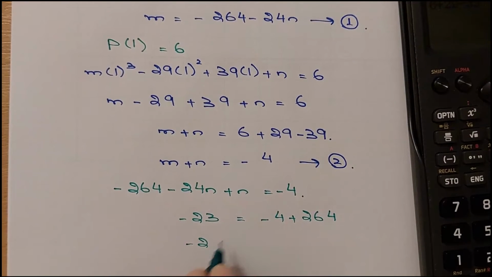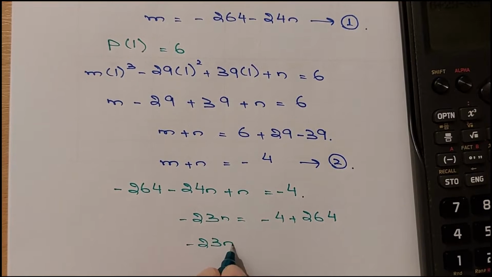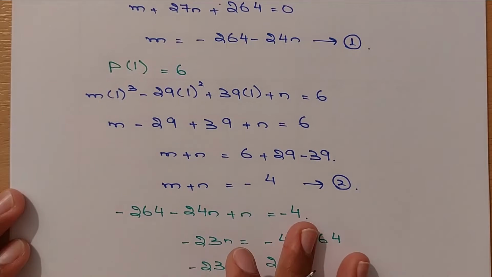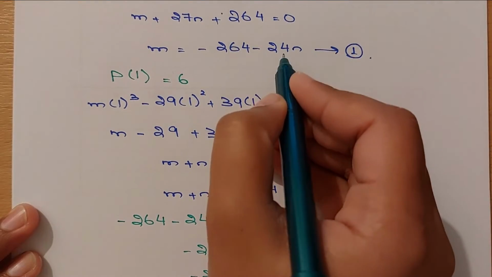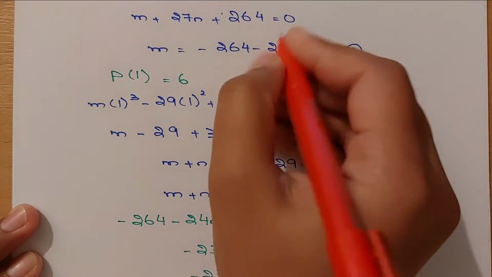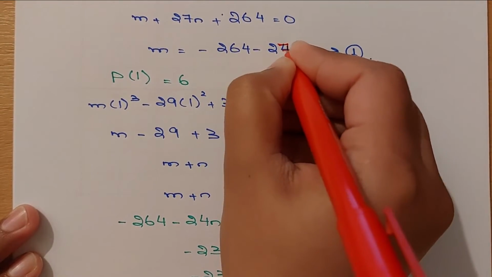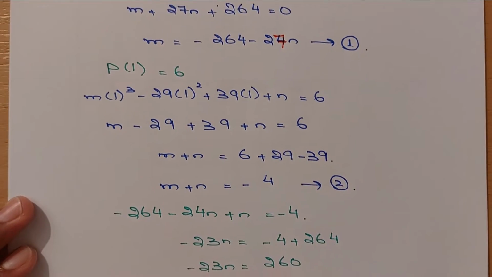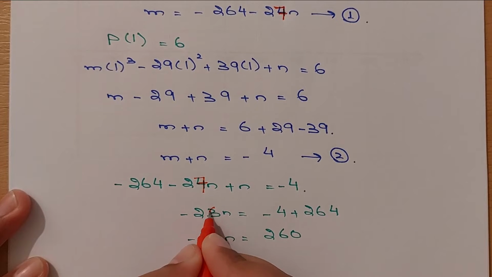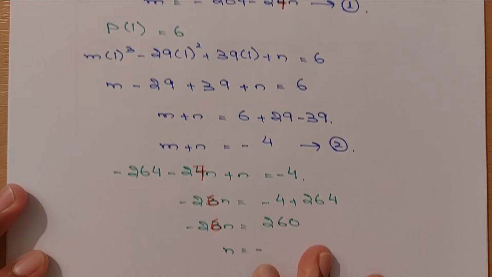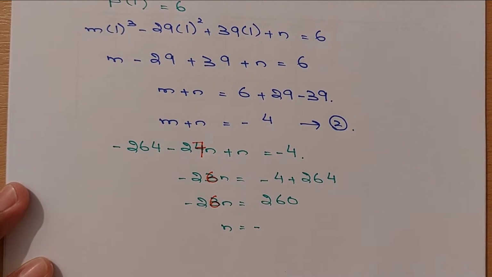So minus 26n equals 260. Sorry, when we shift here, this is not 24, this is 27, and when we substitute this value, we have 27 here and 26, so the n value is minus 10. So 260 divided by 26 is minus 10.